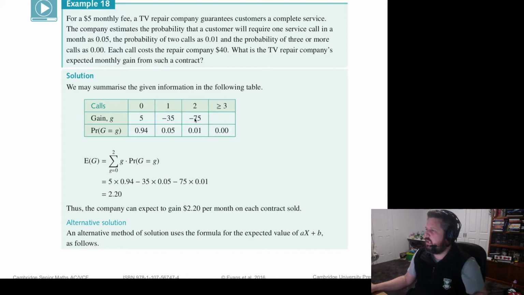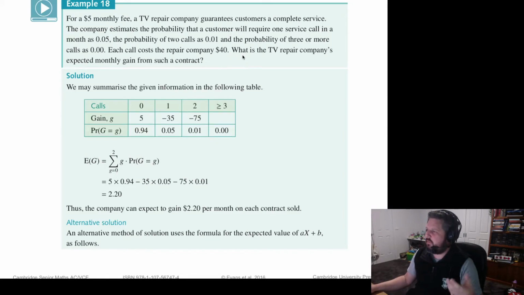And from here they've also listed those probabilities. They said it was 0.05 if it's 1, and 0.01 if there were 2. They've said no one calls out more than 3, so that's 0. Obviously, the total of this has to add up to 100%, so this has to be 0.94. So that's how that came about.